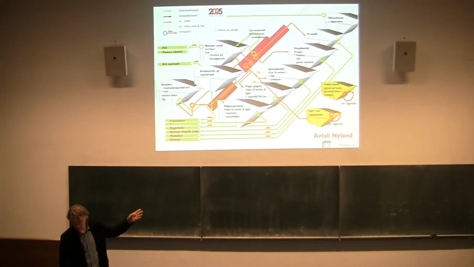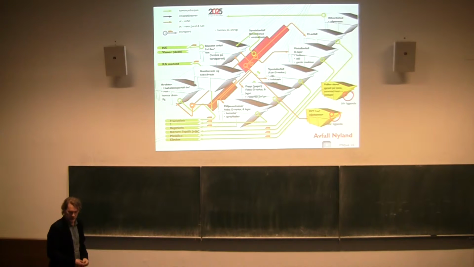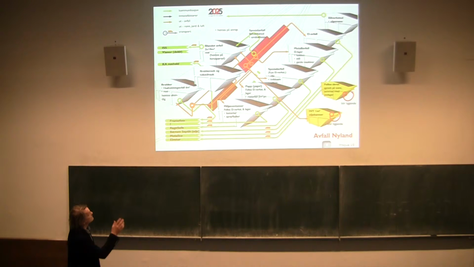While working like this, we found it interesting to try to place it within the area of the client that we worked for. This is actually waste management at a company that works with the railroad in Norway, and we pictured all the different kinds of fragments of waste that they have.